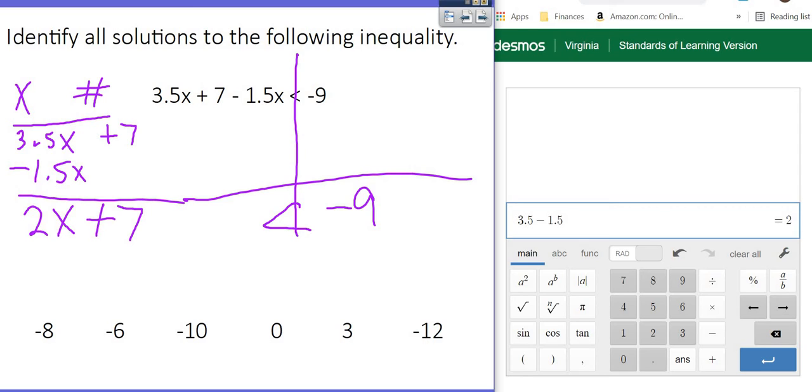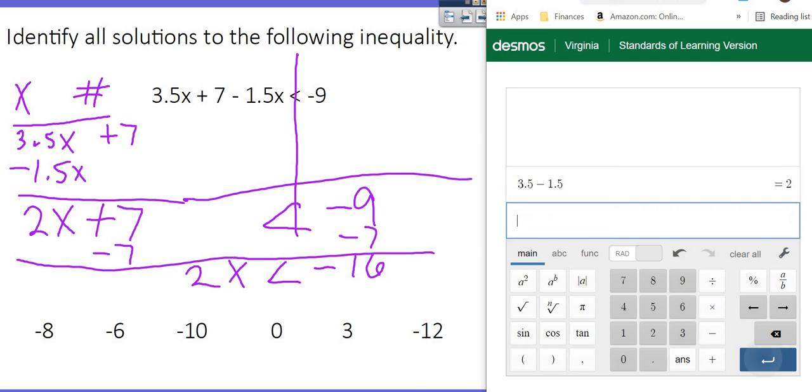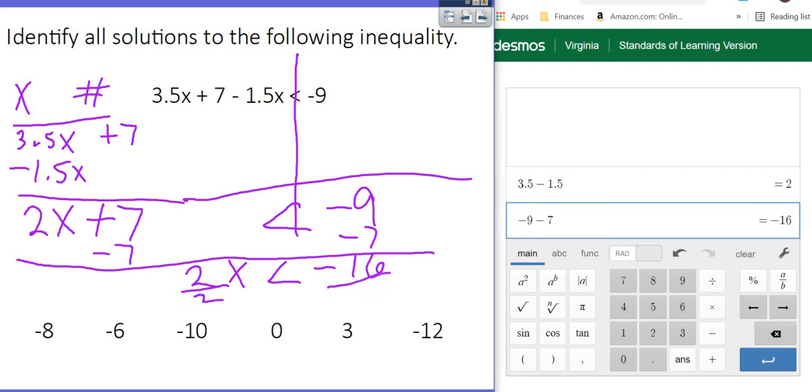All right, so I'm going to get rid of my plus 7 first by subtracting from both sides. So I have 2x less than negative 16. And if you want to put that in the calculator, you can. Negative 9 minus 7. And then I'm going to divide by a positive 2, so that means nothing's going to flip. All right, and I get x less than negative 8.